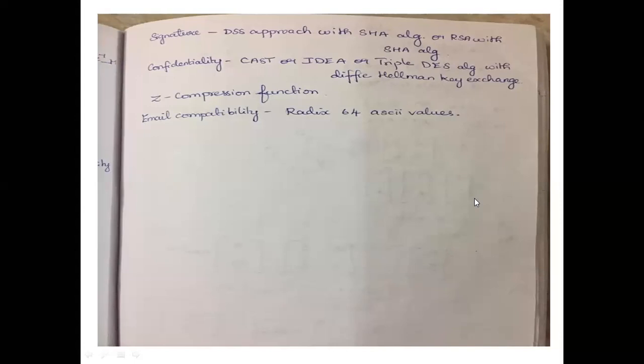So you can use any one of them to generate the signature. Then you can use Diffie-Hellman key exchange or triple DES to ensure confidentiality. Then Z is any compression function. Then for email compatibility, generally they take the radix-64 ASCII values.